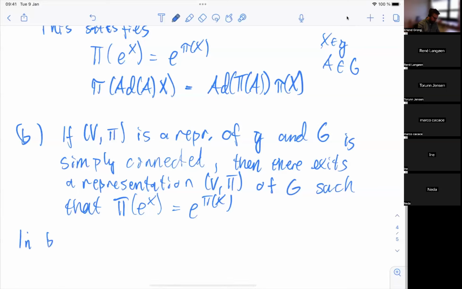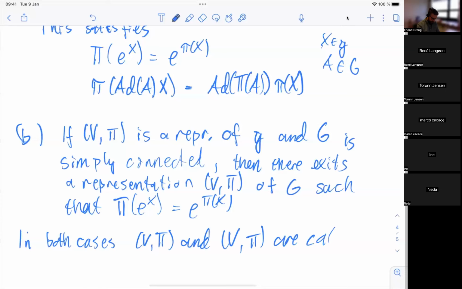In both cases, V large pi and V small pi are called associated.